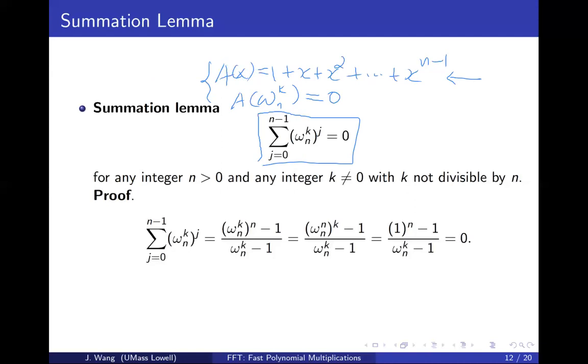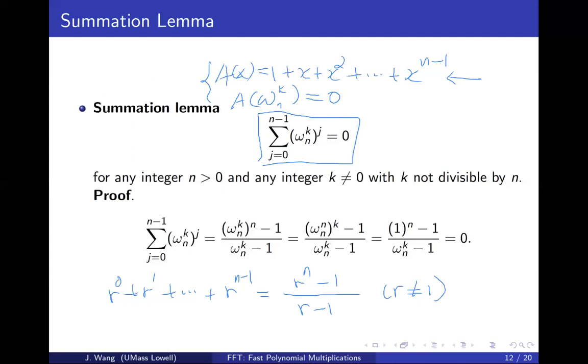Now remember, when we have this, so r to the 0 plus r to the 1 plus up to r to the n minus 1 is equal to r to the n minus 1 over r minus 1 when r is not equal to 1.